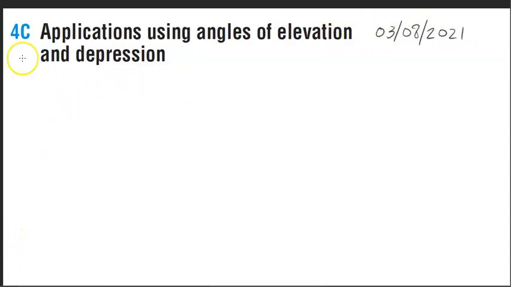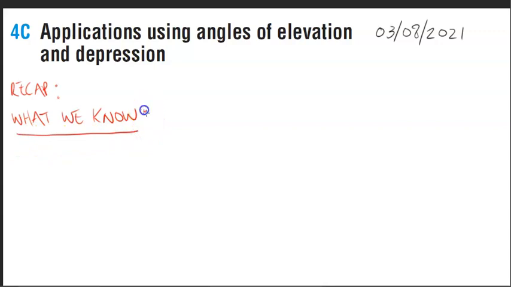Now before we get to this, we want to do a recap. We always do a little bit of a recap of what we do know. What we've been looking into from exercise 4A and 4B is our trigonometric identities, and we do know that the sine of an angle, it's not sin, it's pronounced sine.